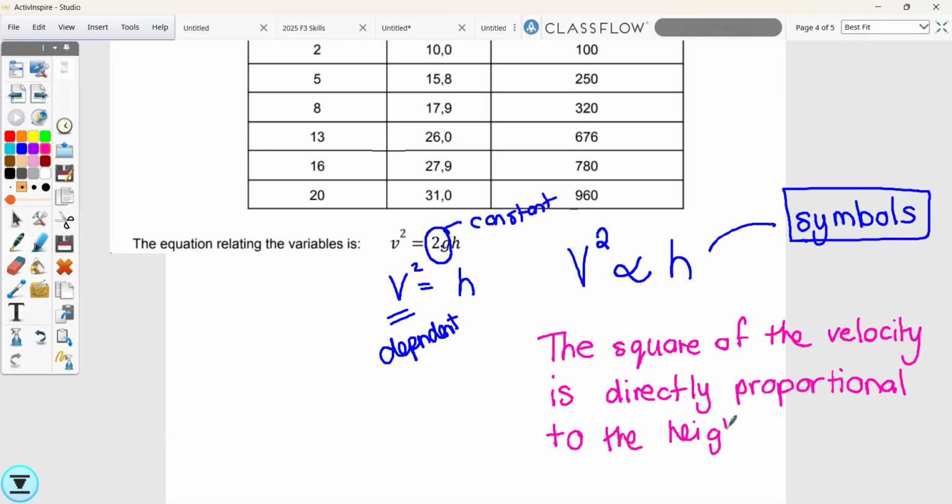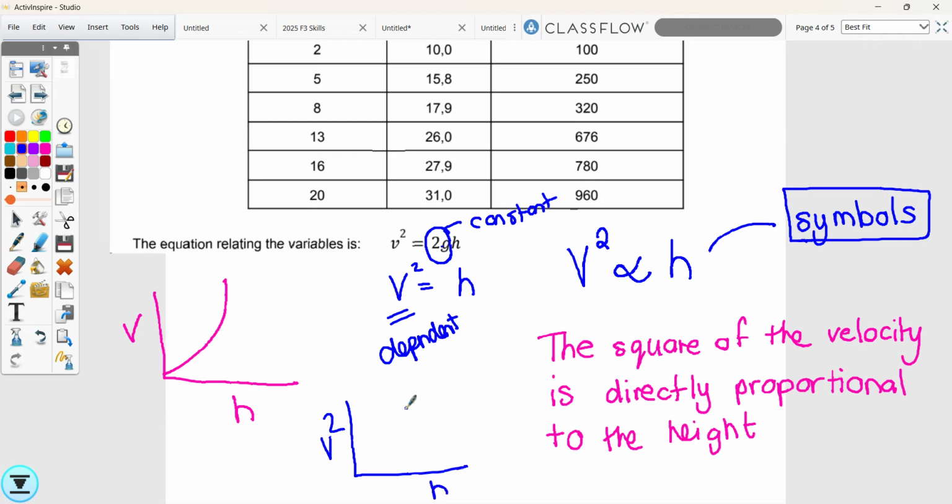If you are plotting v versus the height, it's going to look like that because they are not directly proportional. It's v squared that is directly proportional. So when you plot v squared versus the height, you will get a straight line through the origin.